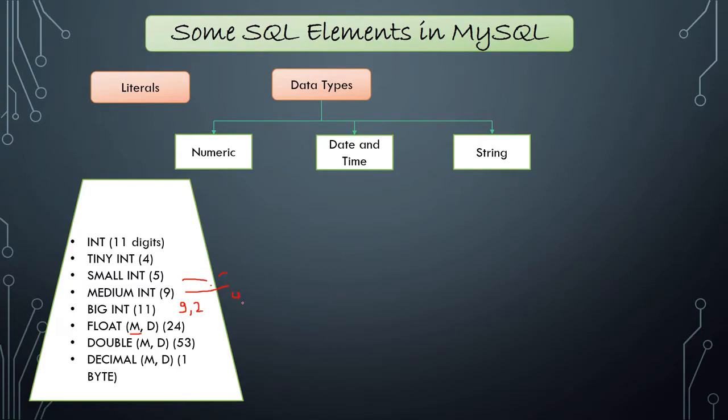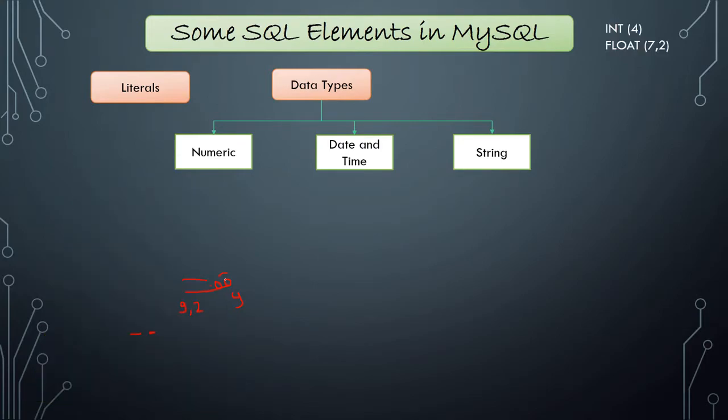My total number of values is 9, and D means the number of values after decimal. So basically M is the total length of the number, and D is the number of decimal places. As I have 2 here, that means I can store only 2 values after the decimal. Now float is of 24 spaces, double is of 53, and decimal is of 1 byte. Same case with M and D.